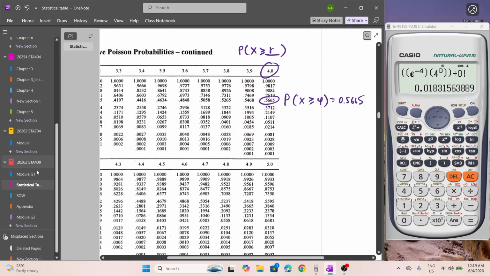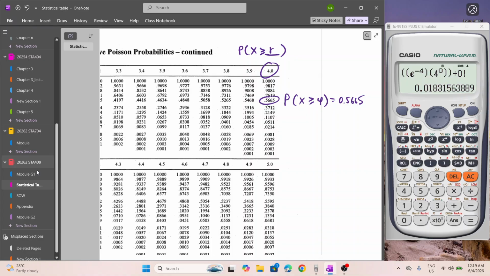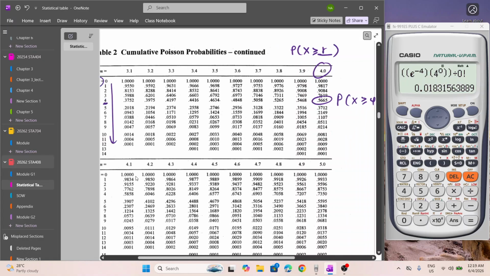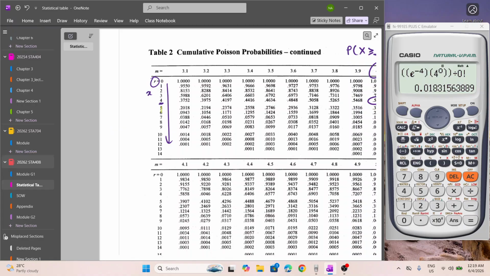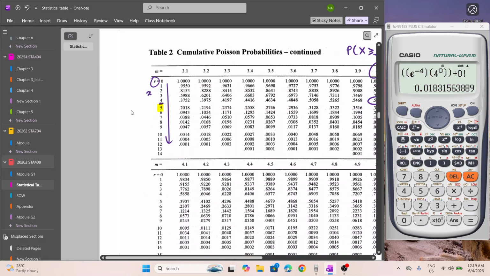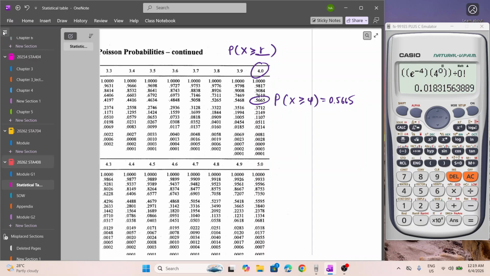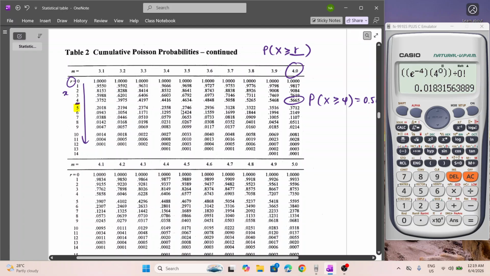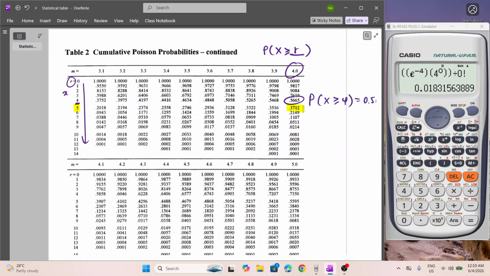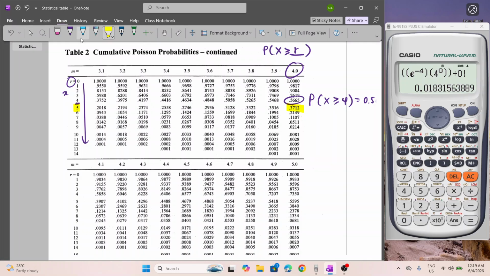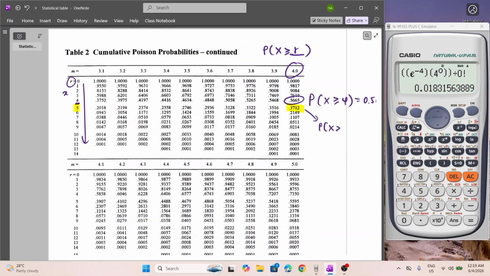From the statistical table, when r is equal to 5, it also means that this is the probability of X greater than or equal to 5.